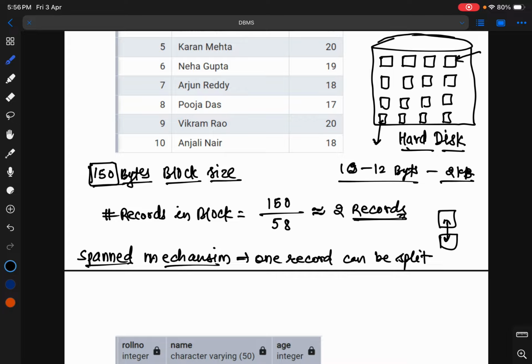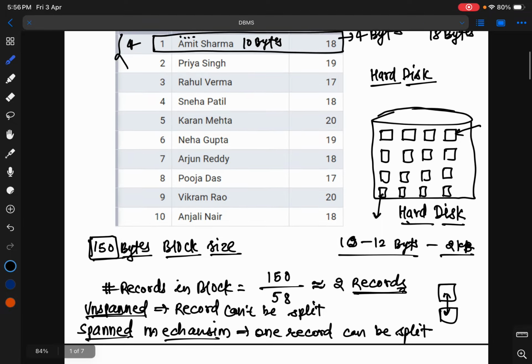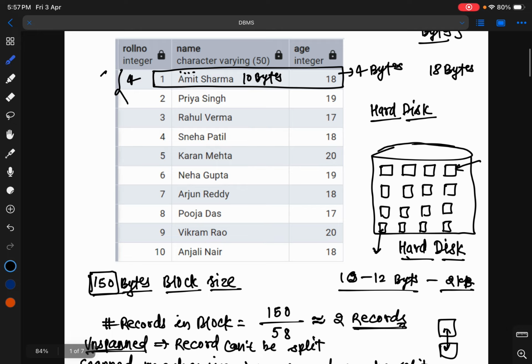But the mechanism that we are going to discuss in this course will be the unspanned one, where a record cannot be split. We store a record in a block only when that entire record can be stored inside the block. So by this mechanism we can only store two records in one block.